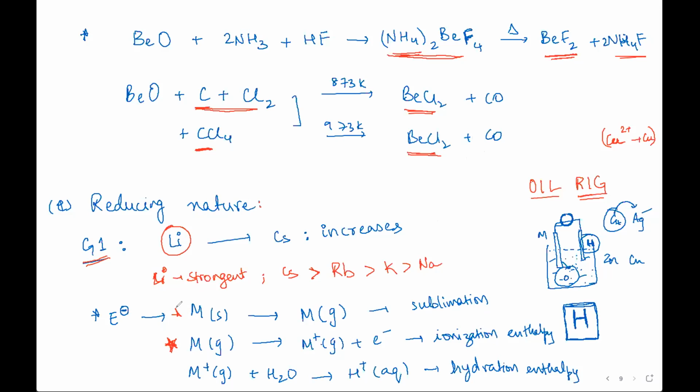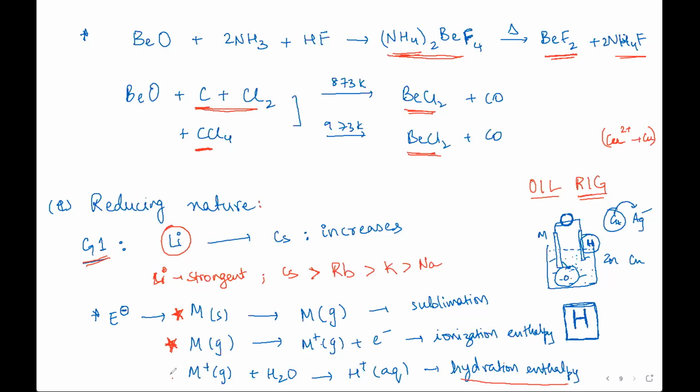Same in the case of sublimation enthalpy, although I imagine it is almost comparable. But just taking both of these into consideration, lithium is weaker than the other elements. But we have seen that lithium, because of its small size, has a very high tendency to get hydrated. It is one of the most stable cations in aqueous solutions. It's got an extremely high hydration enthalpy.